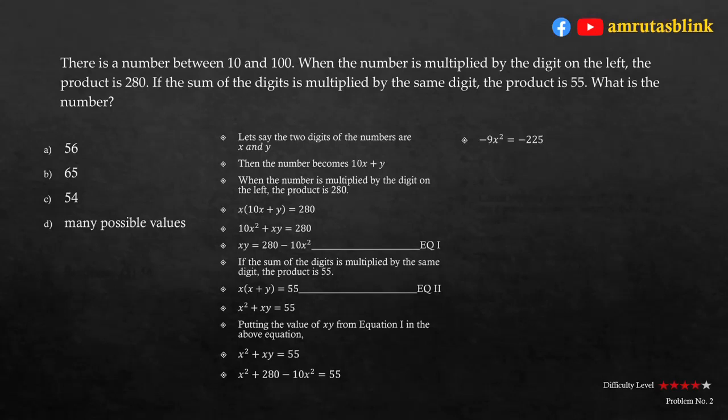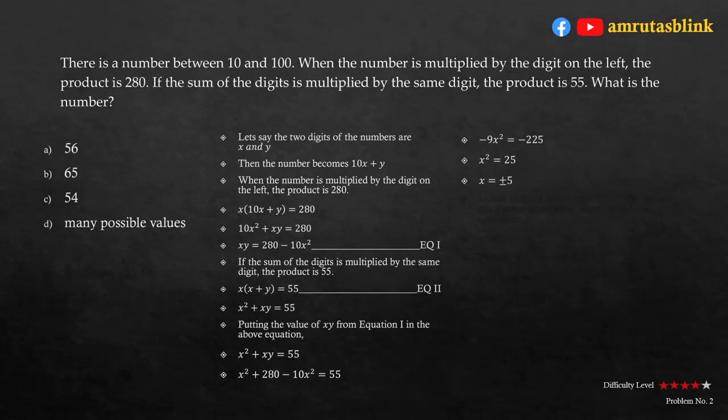So x square minus 10x square is minus 9x square, and 55 minus 280 will be equal to minus 225. After rearranging, we get minus 9x square is equal to minus 225, that is 9x square is equal to 225, hence x square is equal to 25.